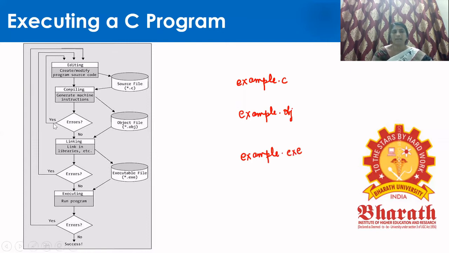If errors are there, it has to be re-edited and then run again. Then after the executable file, the program is run, and if there are no more errors, we will get the output. When a C program is run, there will be 3 files generated: one is the source code, another one is the executable code, and another one is the object file.